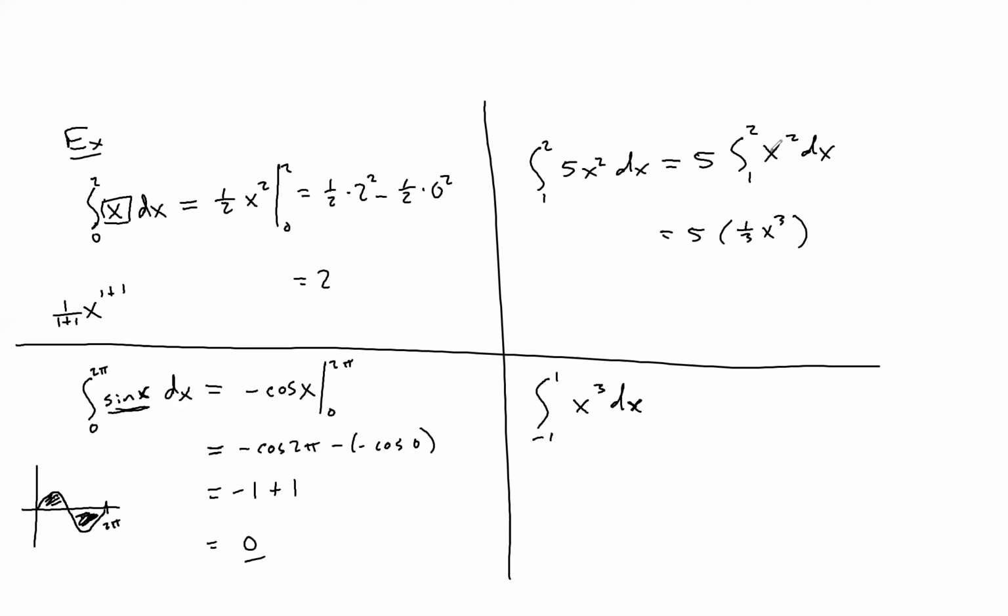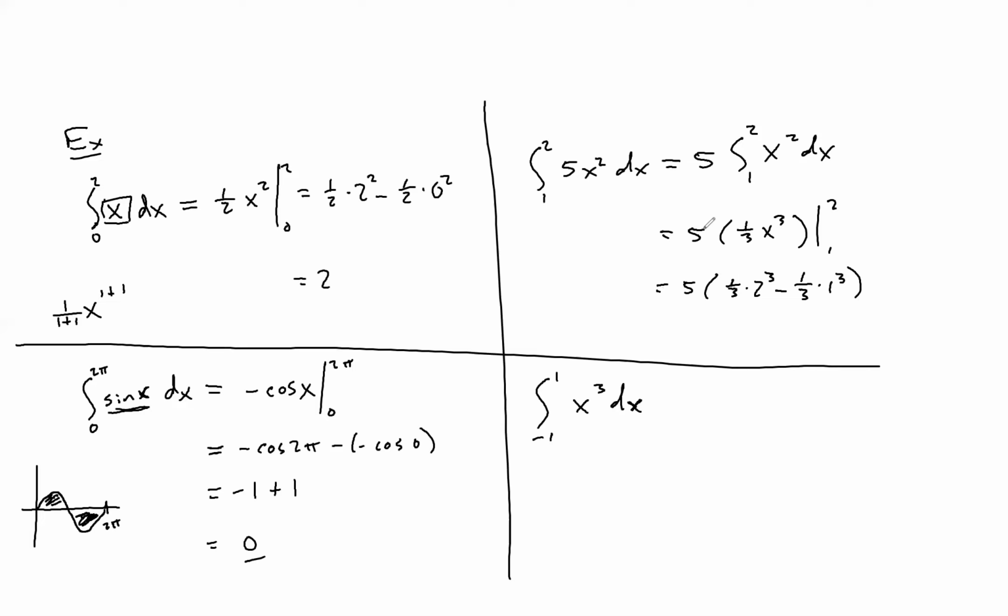But with a definite integral, we can assume c is 0 and it'll work out fine. All right, and we are going to evaluate this from 1 to 2. So I've got 5 times 1/3 times 2 cubed minus 1/3 times 1 cubed.